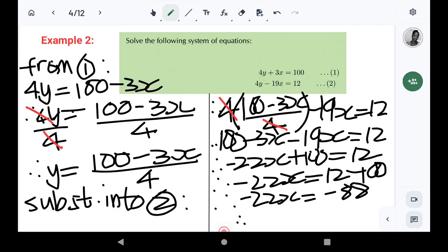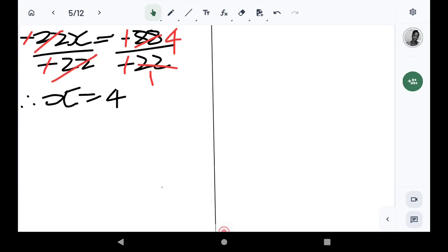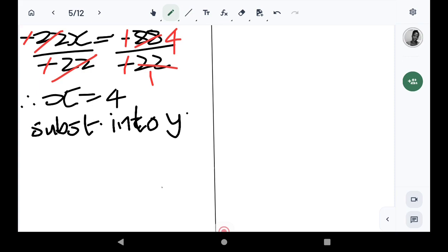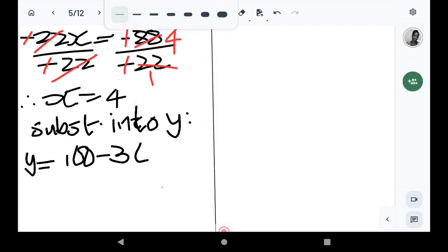Now, you've got your x equals to 4. So you substitute that x back into the y. Which y? This y. All right, now substitute into y. Okay, remember your y equals to 100 minus 3, instead of x, you put 4, because that's what x is, all over 4.